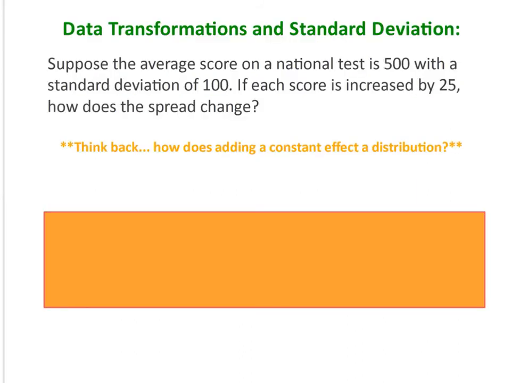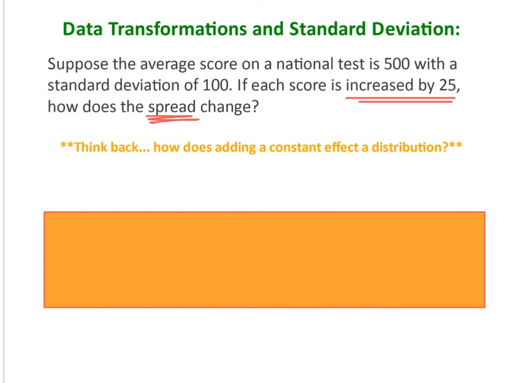Lastly, if we apply what we've talked about with data transformations to standard deviation, so we've seen this before, this is review. It says suppose the average score on a national test is 500 with a standard deviation of 100. If each score is increased by 25, how does the spread change?